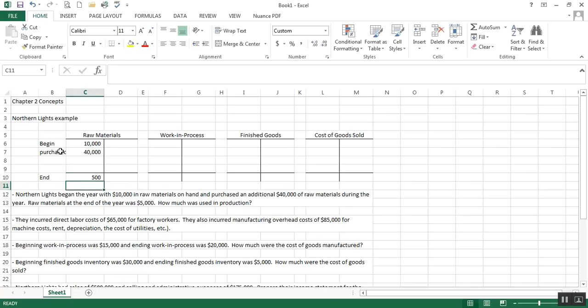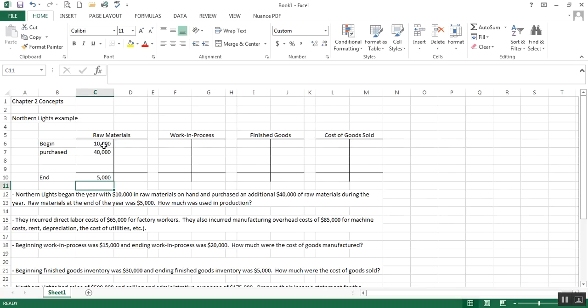It's asking us how much raw materials were used in production. So what does this mean? The raw materials that are used in production are basically the raw materials that's going to be moved over to your work in process. So you can see here, if you set up your T account, you have $50,000 here and you have ending of $5,000. So let's solve for what the credit would be that would then get credited to raw materials and debited to work in process.